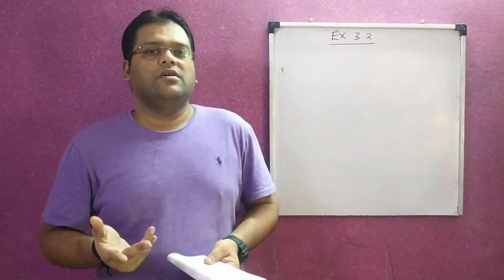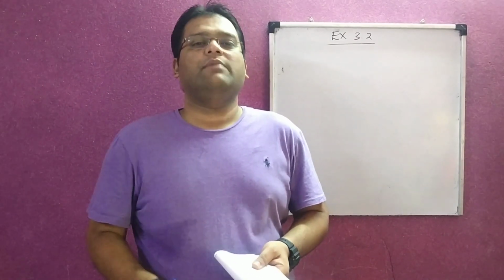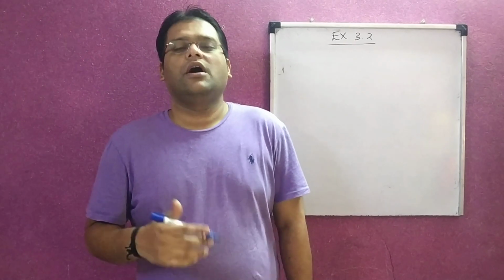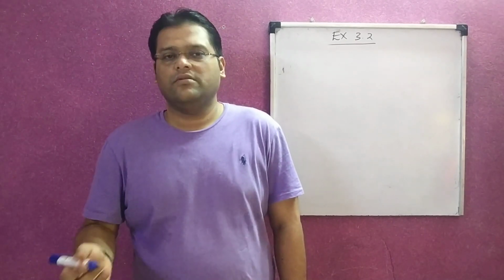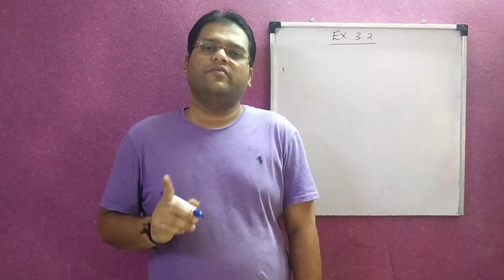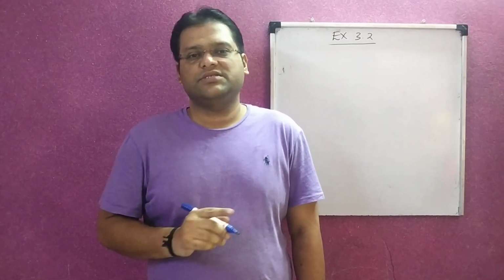So this is without using the graph, we have to decide what type of lines are given to us. Now the conditions, that means how we are going to solve the particular sum, was based on ratios which we had discussed in the previous session.